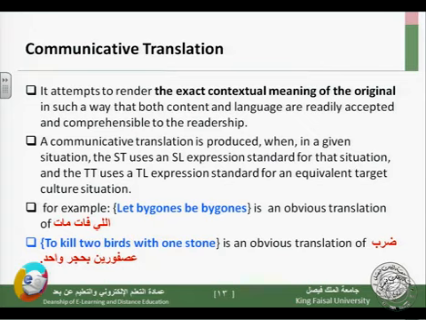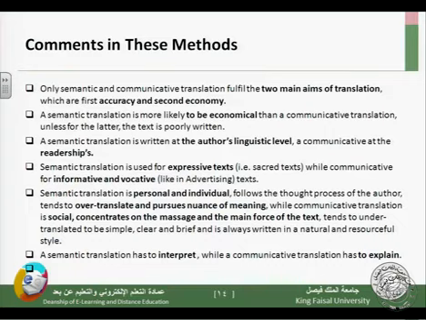But the last point I would like to draw your attention to is that the two main translation methods nowadays used or argued about are the semantic approach and the communicative approach to translation. This is very recent, and people talk about it. Semantic translation tends to be economical, whereas communicative tends to be more expansive.